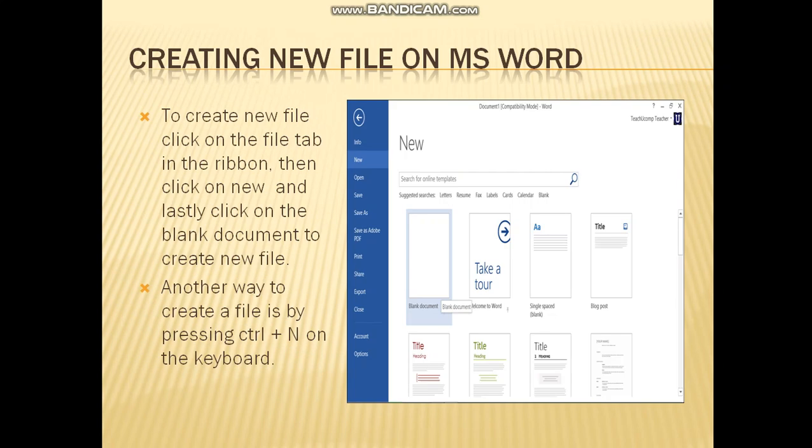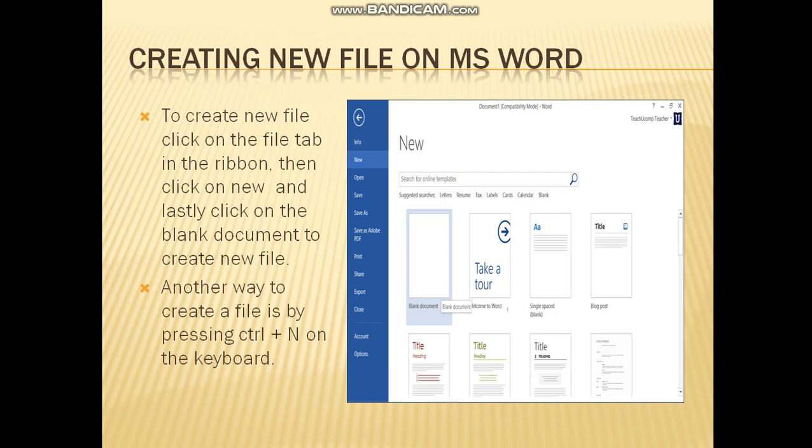Now creating a new file on MS Word. Behind the Home tab there is a File tab in the ribbon. If you click on the File tab, a new screen will appear, and you can see how it will look like in the picture.